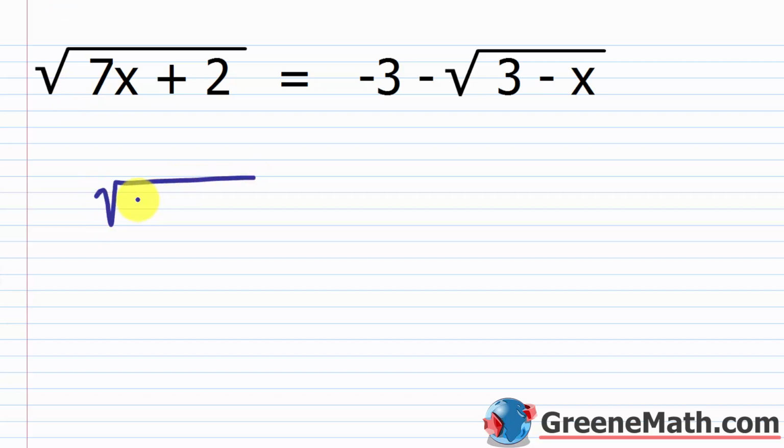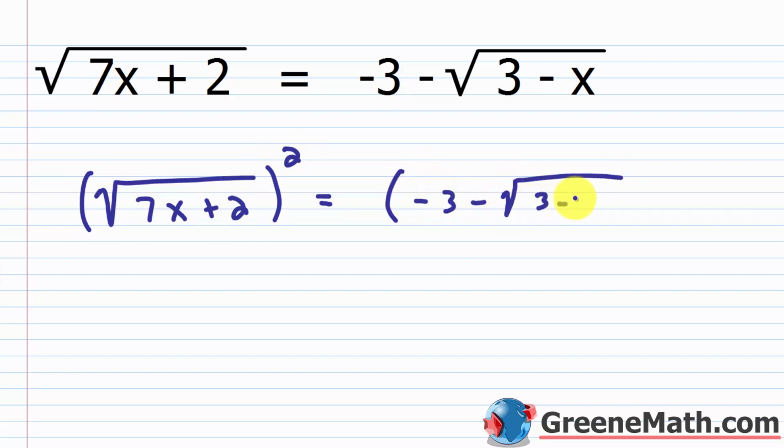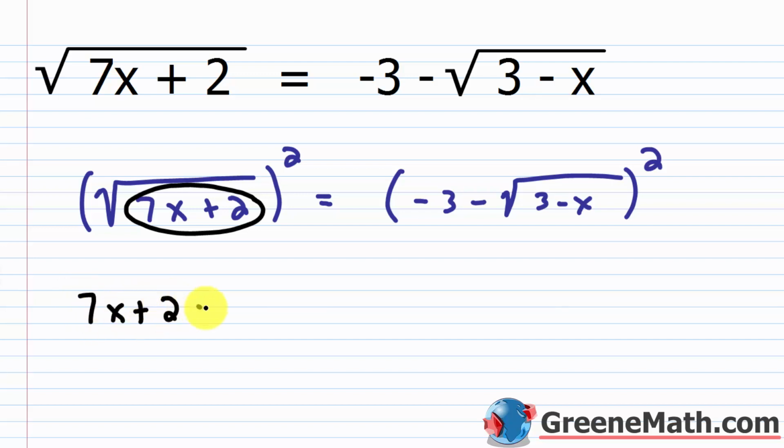So I have the square root of 7x plus 2. I'm going to square this side, and then I'm going to square this side. So negative 3 minus the square root of 3 minus x, again, squared. On the left, I'm just going to have my radicand, which is 7x plus 2. On the right, again, I've got to use my special products formula. So I'm going to go ahead and square this negative 3.